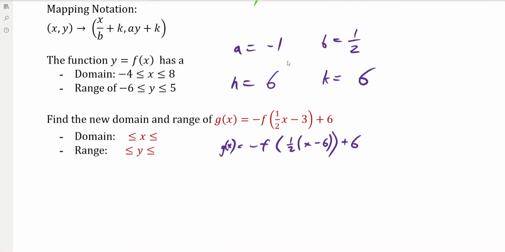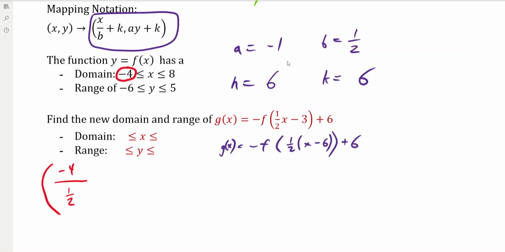So plugging that into our mapping notation here, we're just going to try it out per part. So let's do it with -4 first. So -4 over B, B is 1/2, and then plus K, oh right, that should be plus H. I have that written down wrong because I copied and pasted what I had up at the top there. So anyways, plus H, which is 6.